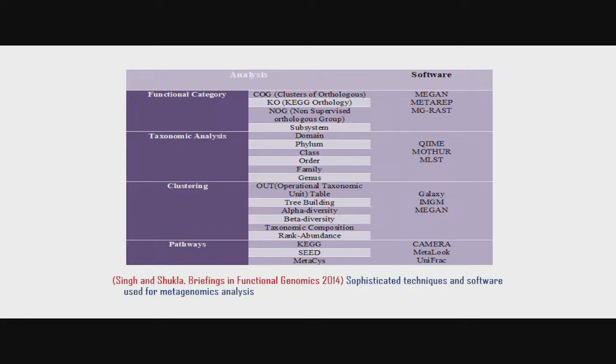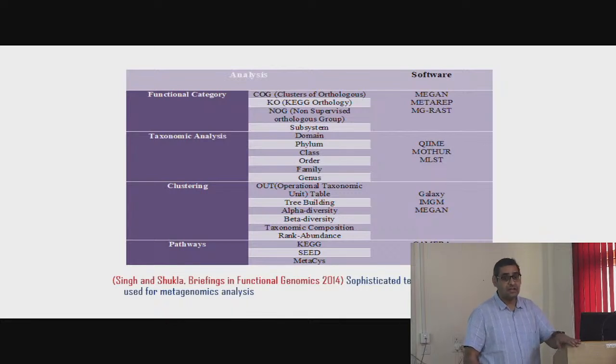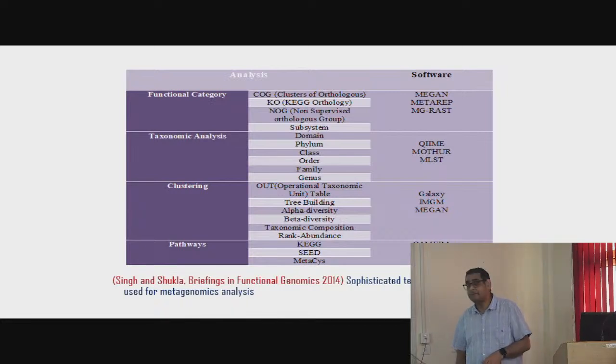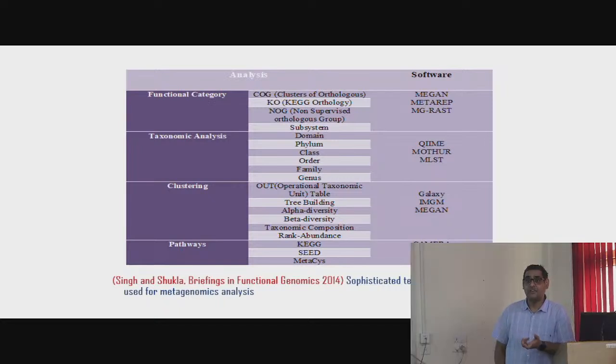If you want to know the clustering, like OTU, tree building, alpha diversity, beta diversity, taxonomic composition, rank abundance, you use Galaxy, IMG/M, MEGAN. And if you are interested in pathway analysis, pathway structure, pathway remodeling, pathway understanding, you can use these, such as Camera, Metaloop, UniFrac.